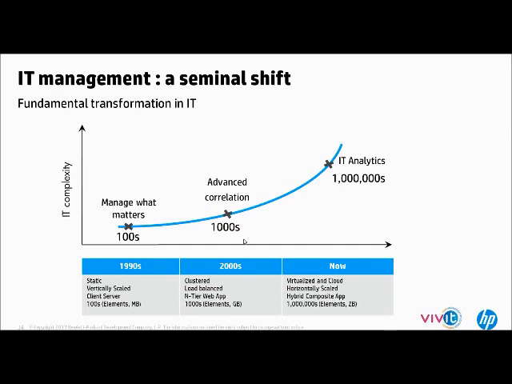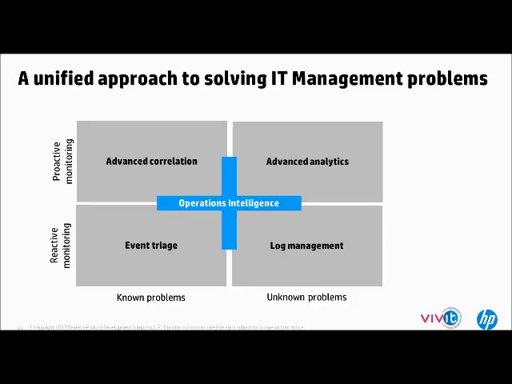It was important to manage across multiple tiers. But now, with the introduction of virtualization and cloud, the scale has exponentially increased. And it is time for us to do analytics and prediction, not just correlation, in order to make sense out of this huge amount of data that is being generated by IT management tools.